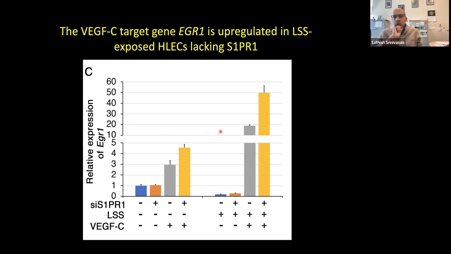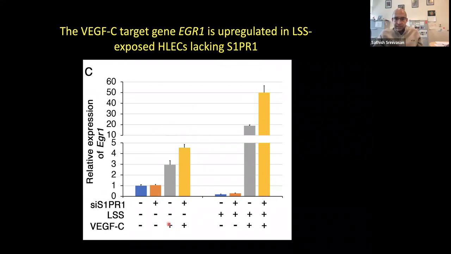We also looked for certain genes which are known to be responsive to VEGF-C signaling. One of these molecules is EGR1, the early growth response molecule, which is known to be regulated by many receptor tyrosine kinase signaling pathways. Here again, we cultured cells either statically or in the presence of laminar shear, and then treated with VEGF-C.